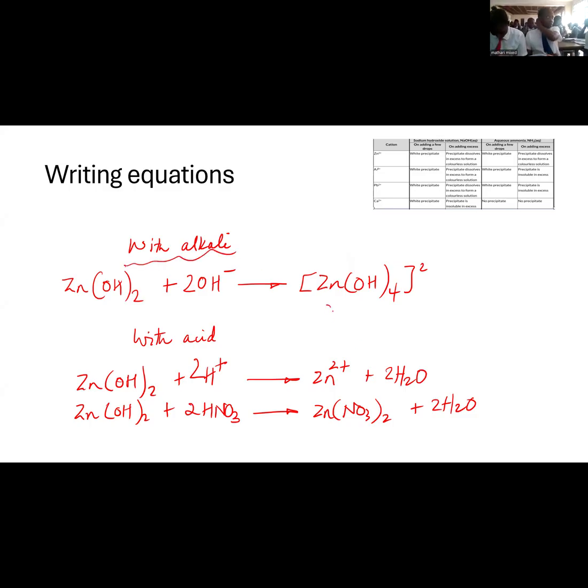We get this, what we call complex ion, and with an acid, it is just doing this ordinarily. If it is not amphoteric, it won't do the top one. That is amphoteric only. And the amphoteric only ones are the ZAP.